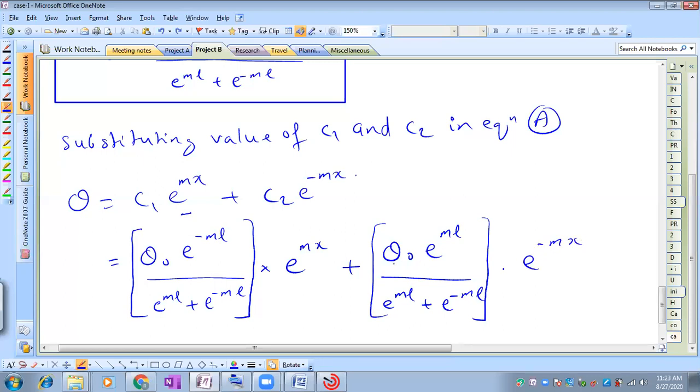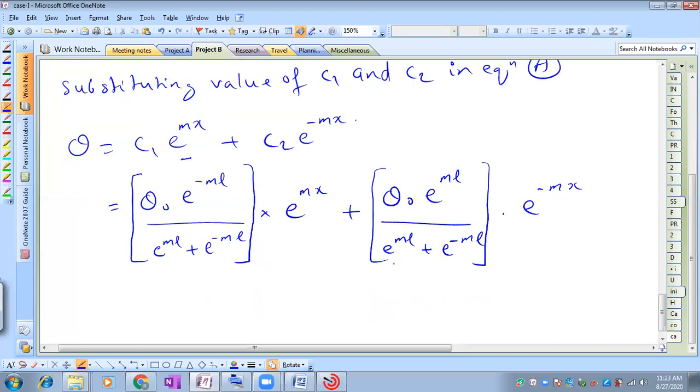Are you getting me? So after substituting, from the above equation we can easily understand that theta 0 is common. Theta 0 is common, and the denominator is also common. So we'll take theta 0 common on the left side and simplify in this way as theta upon theta 0.